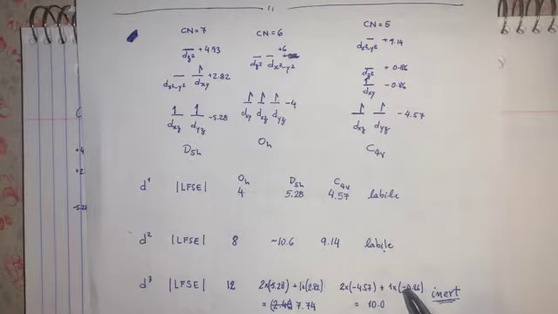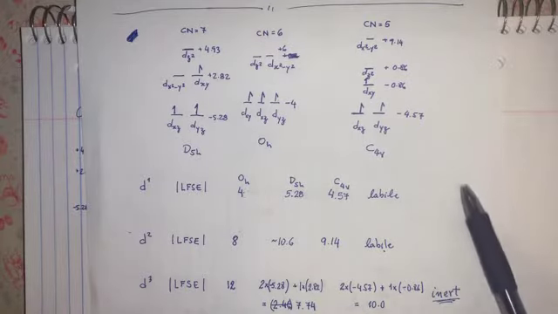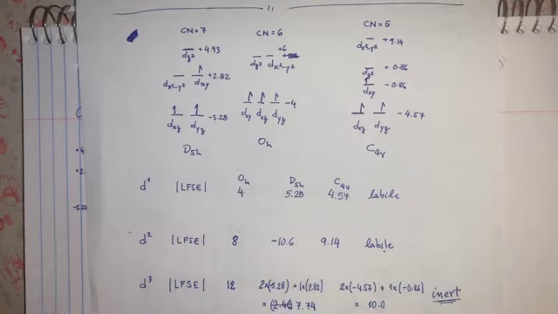However, for the D3 case, the octahedral geometry is more stable than the coordination number 7 intermediate or coordination number 5. Therefore, D3 complexes tend to be inert. So, of course, this is not always true.